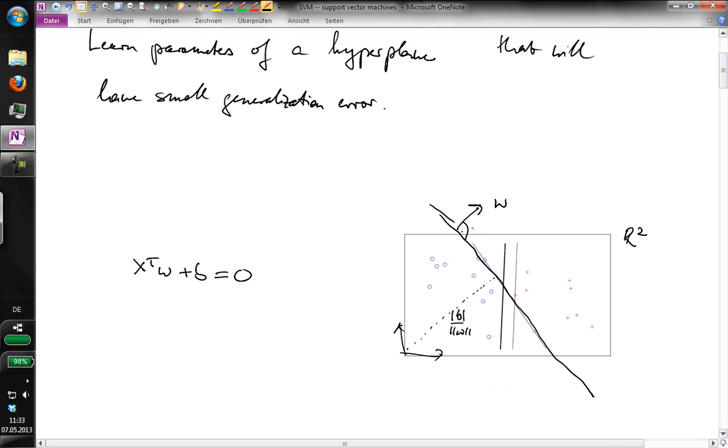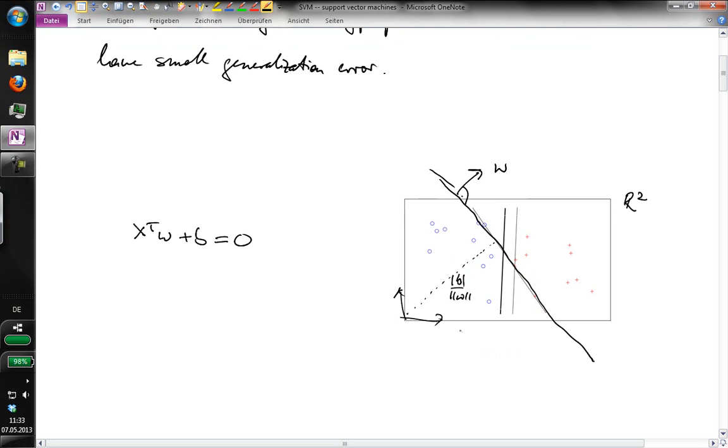So in this particular case, if w is pointing away from the origin, then b would be a negative number. And actually there's a more compact way of representing this, which I will use later on.